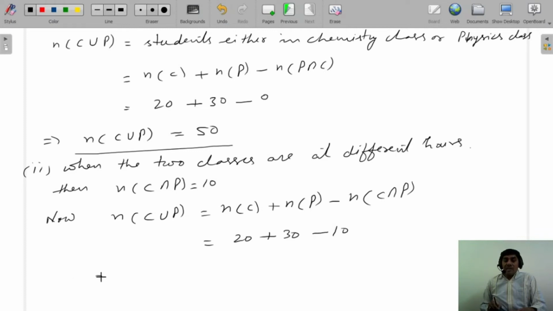This implies n of C union P is equal to 50 minus 10, which is 40. So, the number of students either in physics class or chemistry class when the classes are at different hours is 40 students.